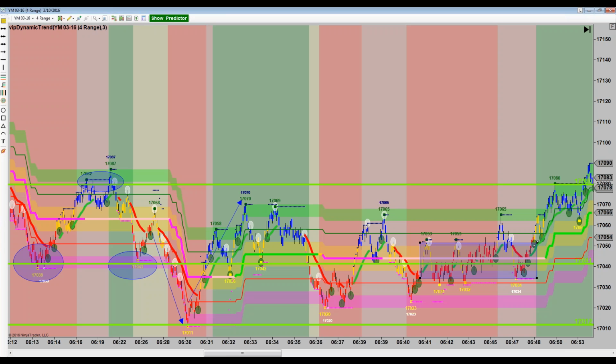I mean, this could be 12, 15, maybe not even 20, not including the little spikes that occur above and below it. In my opinion, I would submit to you that this range right here in this period from about 640 all the way until almost 650 is just not tradable. That is just not tradable.